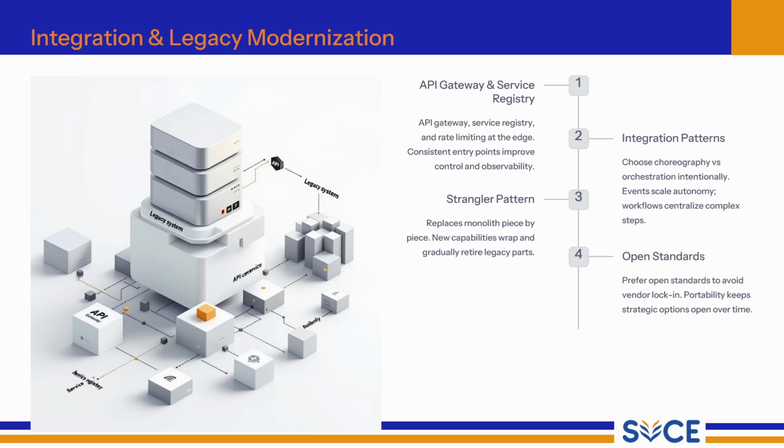Consistent entry points improve control and observability. An API gateway is like the main entrance of the building, one secure entry point that makes monitoring and control much easier. That is one door, full control.